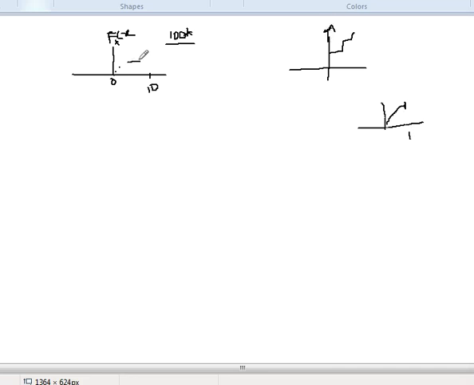So we write that 100k is equal to 1, so k is equal to 1 by 100. That is the value of k.